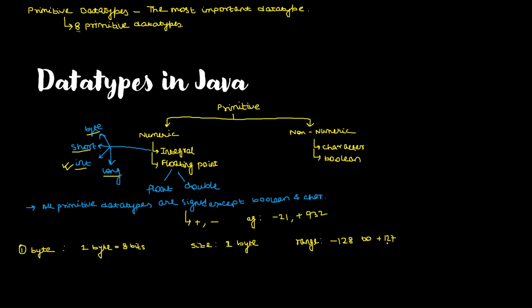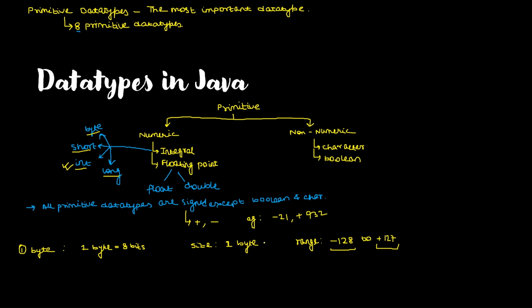Which means if you store a number which is greater than positive 127, it will give you a compilation error. Or if you store a number which is below minus 128, it'll give you a compilation error. It simply means that it has overflown. So minus 128 is the minimum value that a byte variable can hold, and plus 127 is the maximum value.